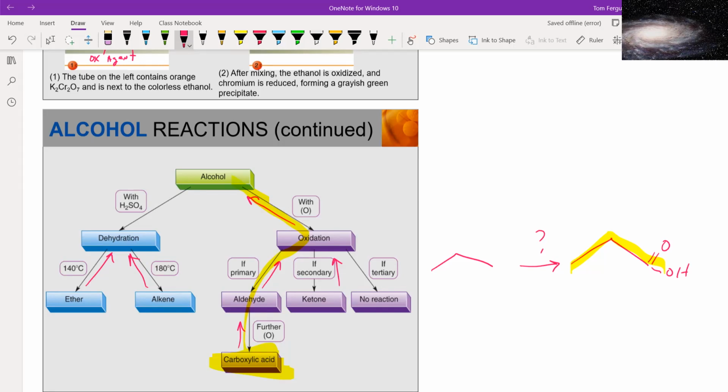Primary, right, exactly. So that 3-carbon starting alcohol has to be a primary alcohol. If it's secondary, we won't make an aldehyde or an acid. It'll only make a ketone. And what kind of environment are we talking about? It's an oxidative environment.